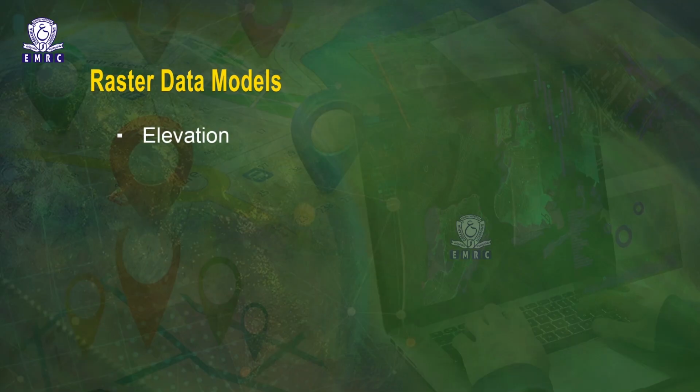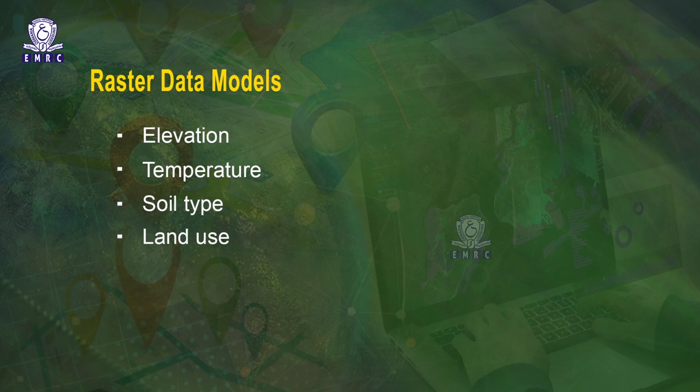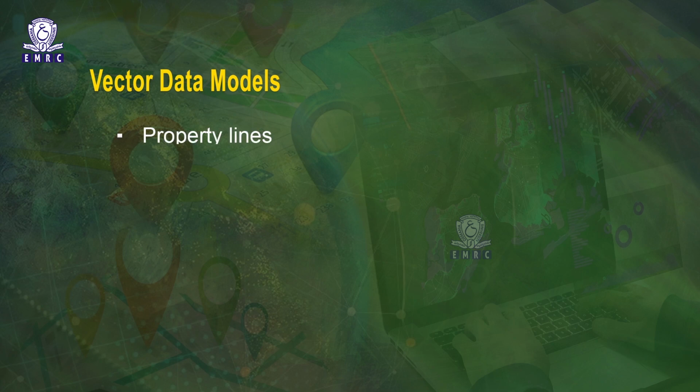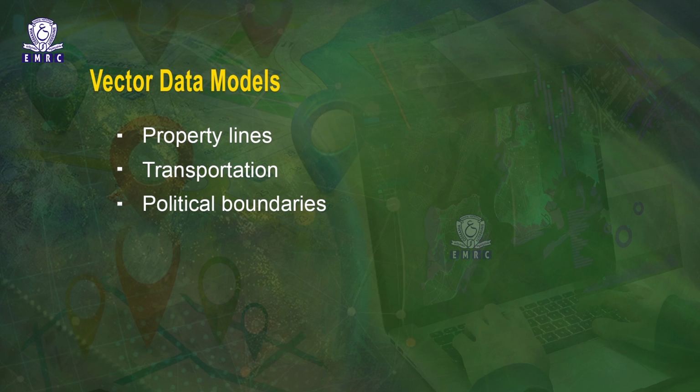Raster data models are best for continuous features including elevation, temperature, soil type, land use, etc., whereas vector data models are best for features with discrete boundaries like property lines, transportation and political boundaries.